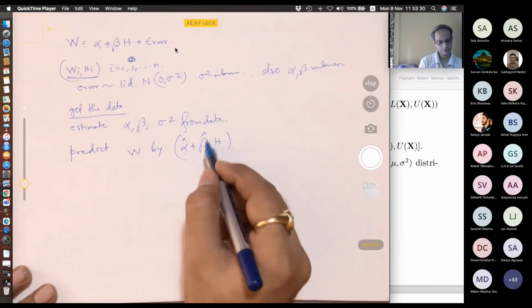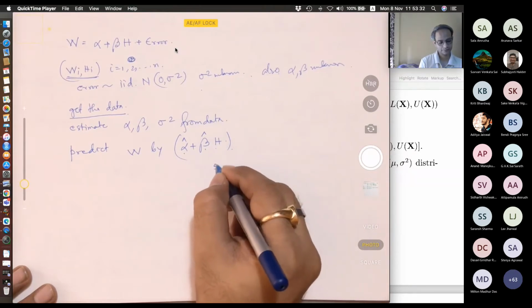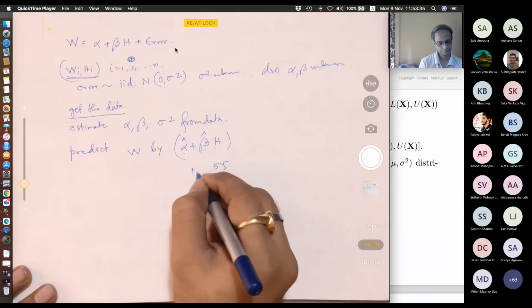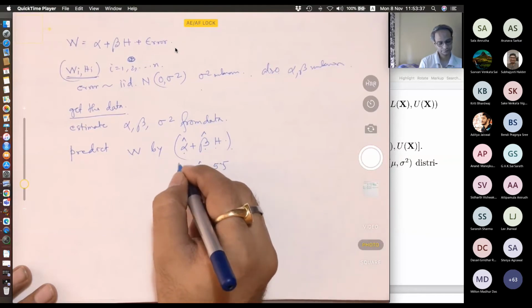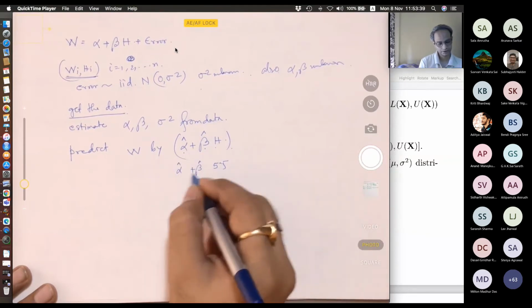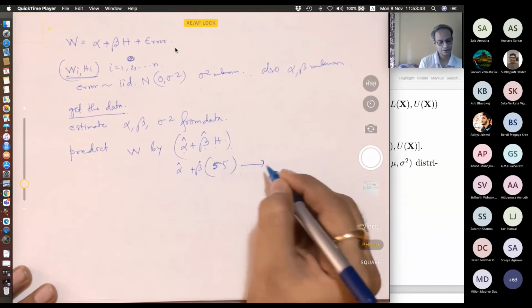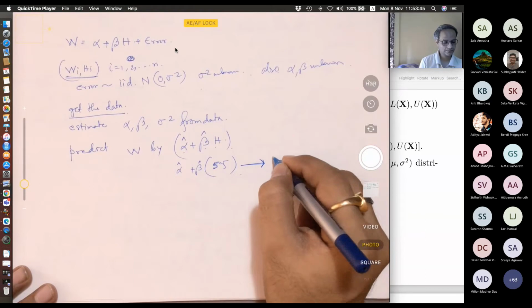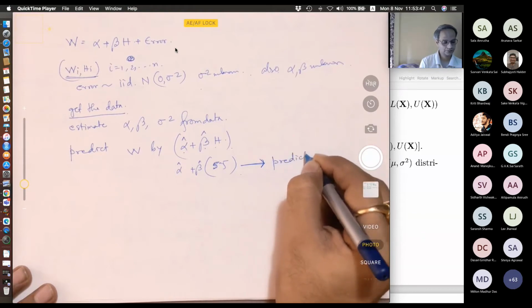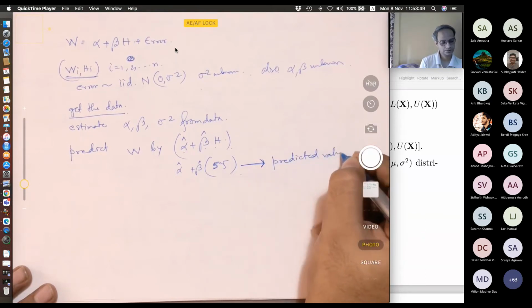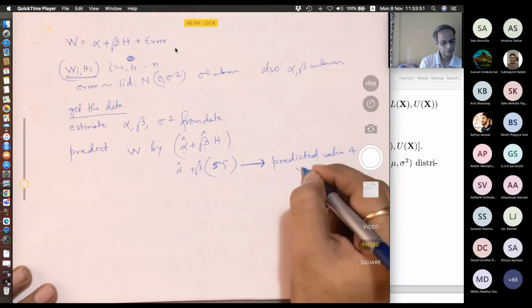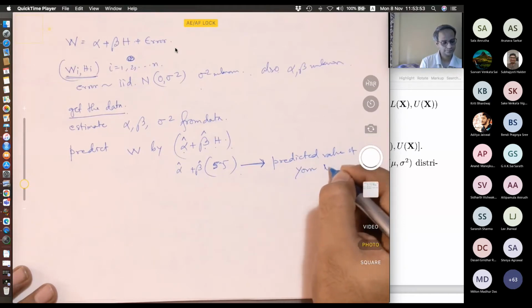In this formula you plug in your height, and this will be the predicted value of your weight.